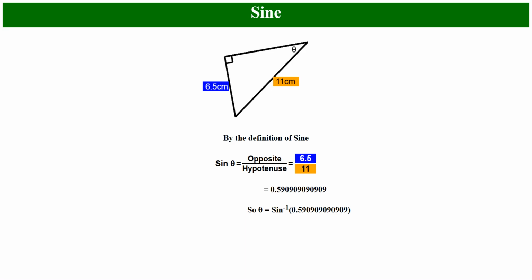And we press the sine to the minus 1 or arc sine key. When we do that, we will get 36.22 degrees. Well, I've corrected it to 4 significant figures. You will get a longer answer, which when corrected gives 36.22.